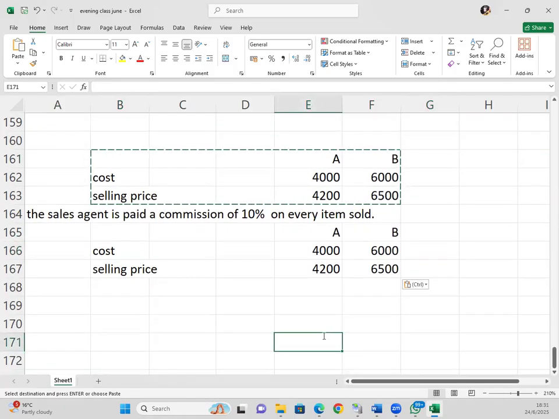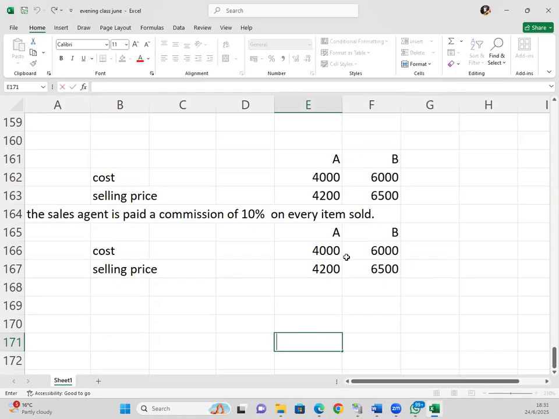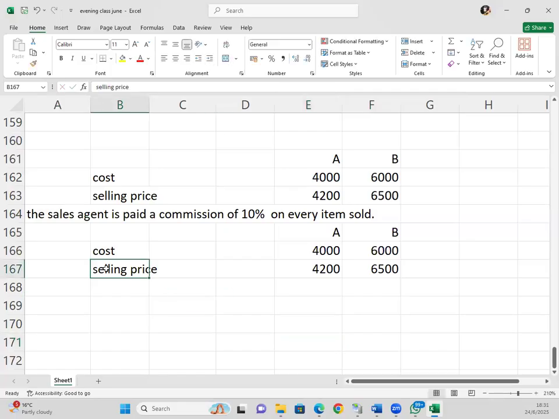The cost is not changing, but for the selling price, we have to come up with our net realizable value. The question says that the sales agent is paid a commission of 10%. So the commission is a selling cost. It reduces the selling price.